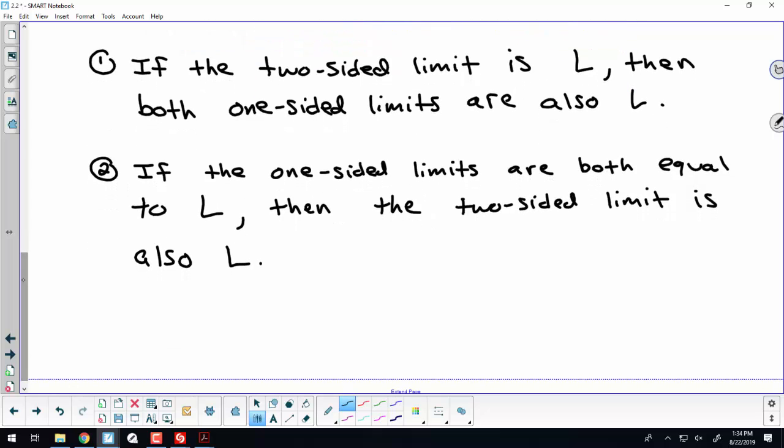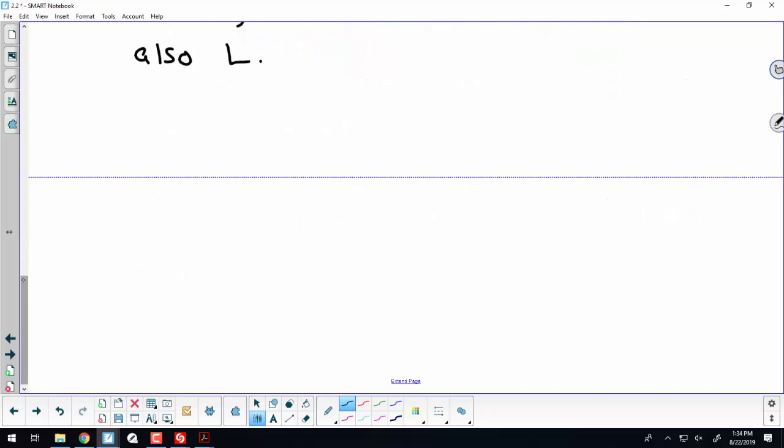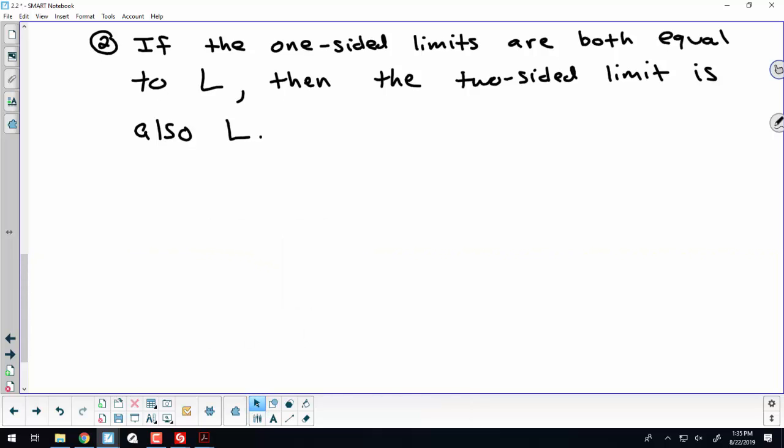Okay. So we can also negate those statements and talk about, instead of equality, non-equality.